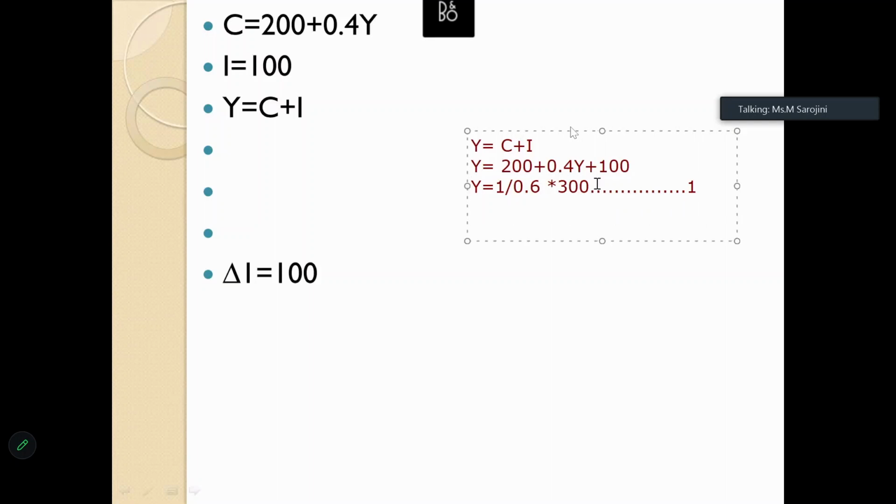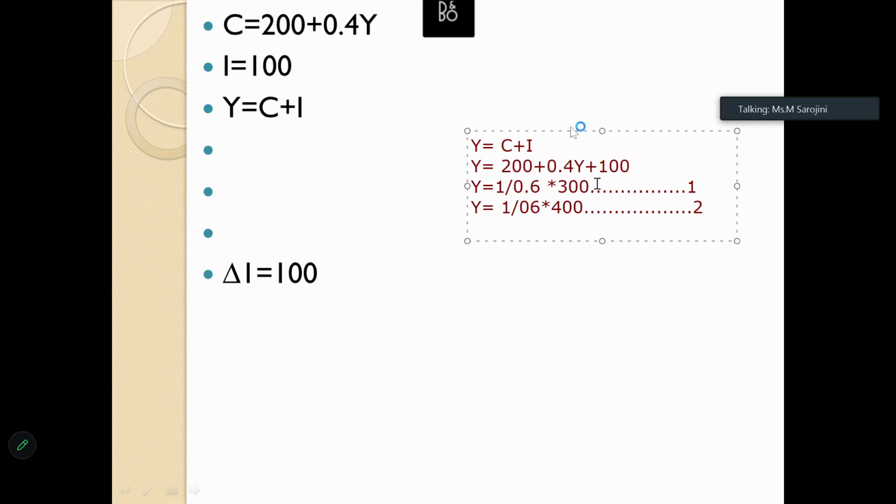Now, for equation 2, we have to add the change in investment. The change in investment is equal to 100. Therefore, Y is equal to 1 divided by 0.6 into 300 plus 100, 400. Is it correct? Yes, ma'am.